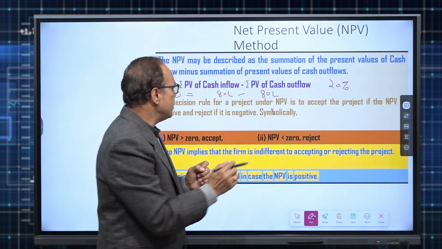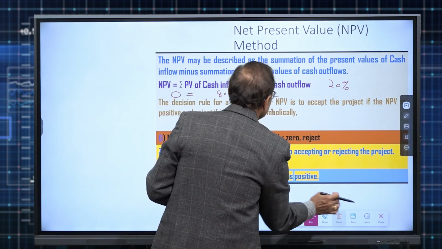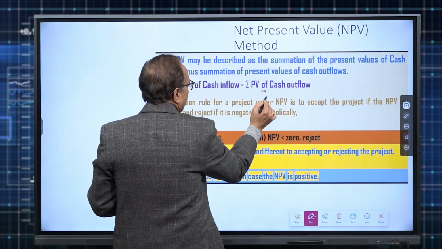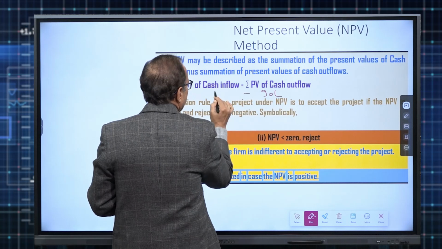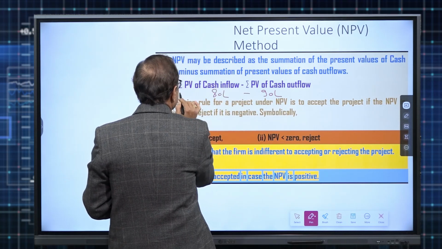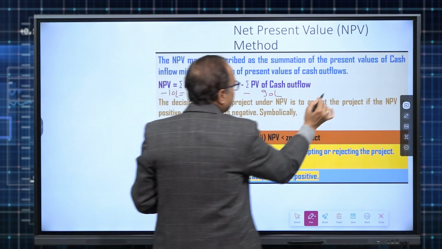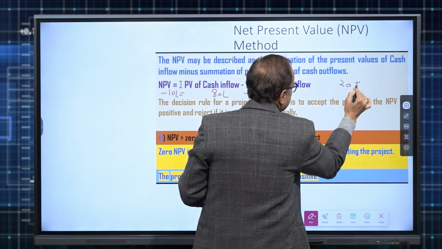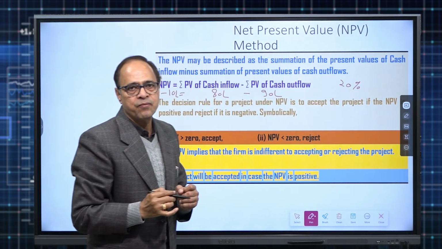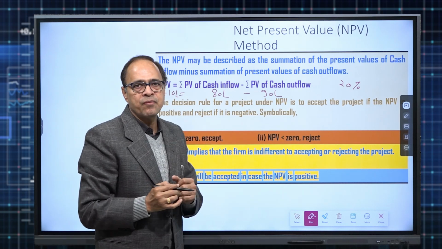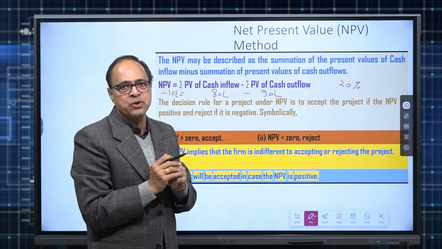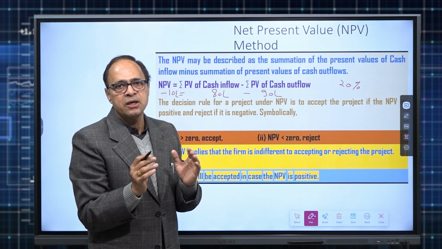However, the scenario may be like this. Outflow PV is 90 lakhs, but inflow PV is 80 lakhs. It means your NPV is negative 10 lakhs, and I am keeping the same discount rate of 20%. This simply implies that if you invest in this project, you will be incurring losses.